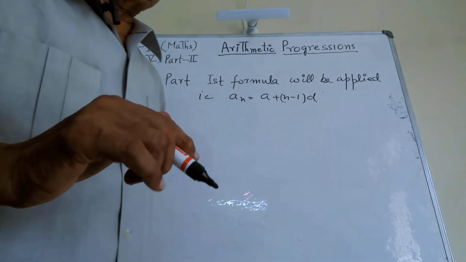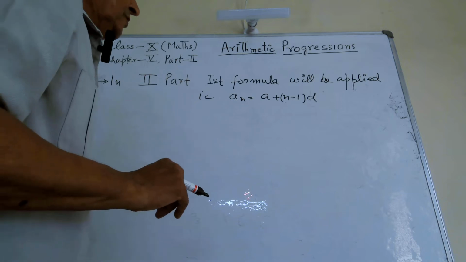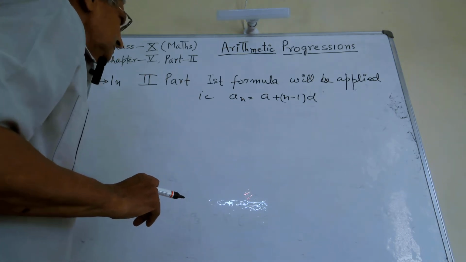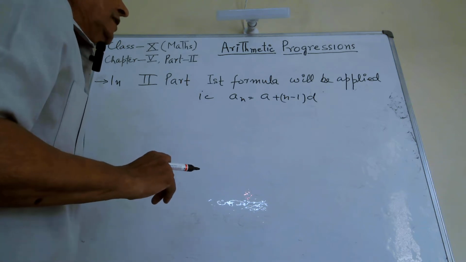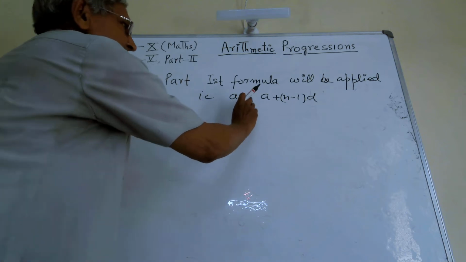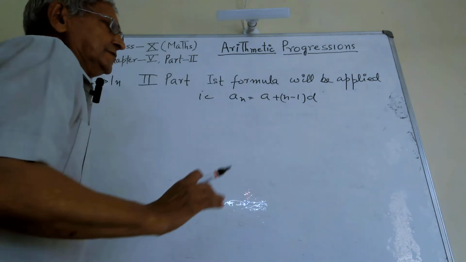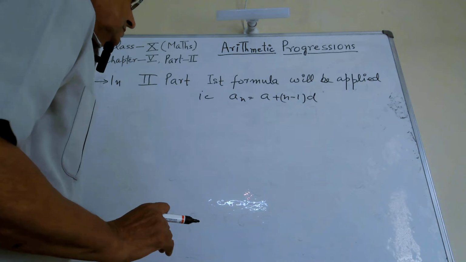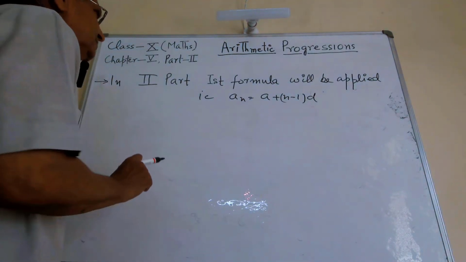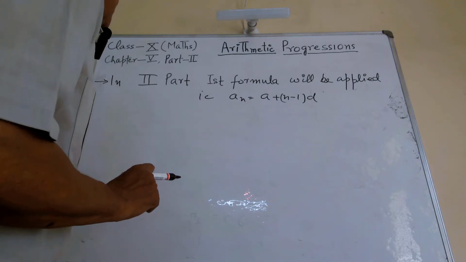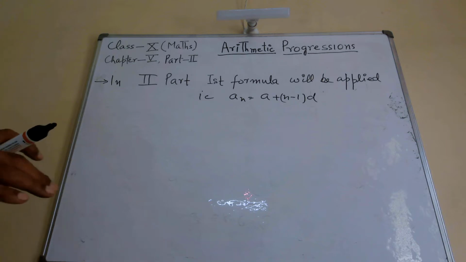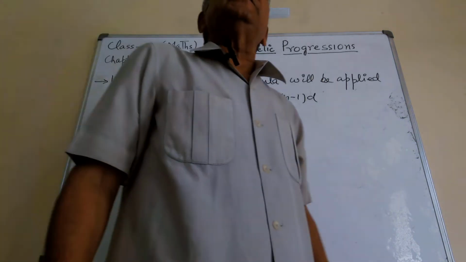My dear students, as I have told you in the first part, the formula an is equal to a plus n minus 1 into d, we will take in the second part. Today I am going to discuss the second part of the fifth chapter of 10th class, that is arithmetic progression.